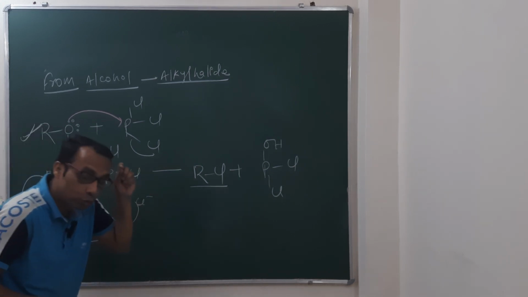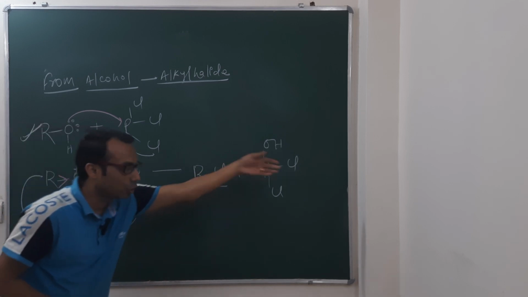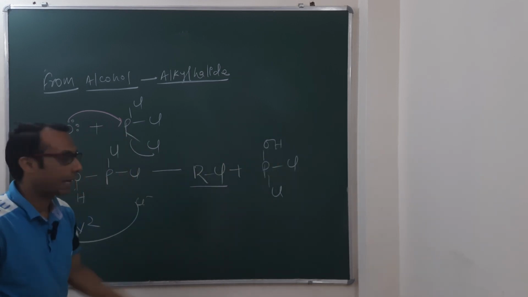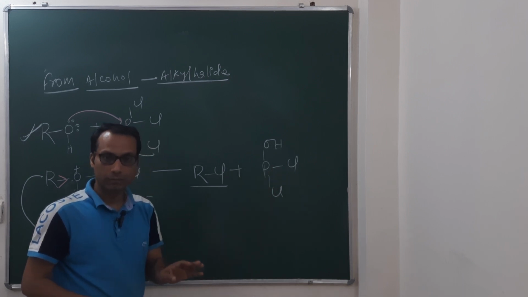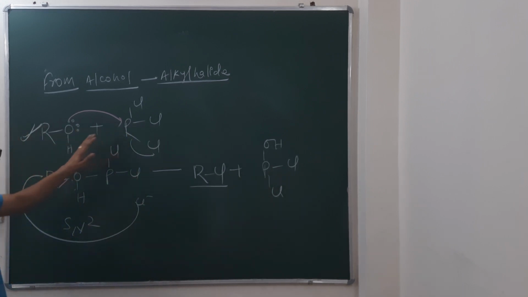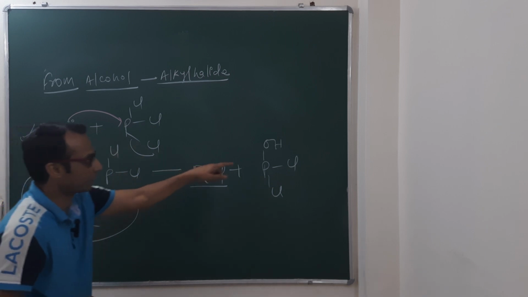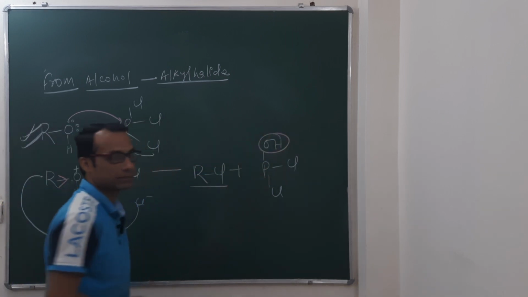If two more ROH are taken, two more chlorines will leave and two more OH groups come on the phosphorus. So for one alcohol group, one chlorine leaves and one OH comes on this surface.